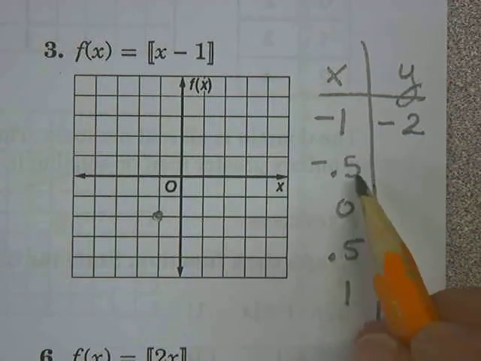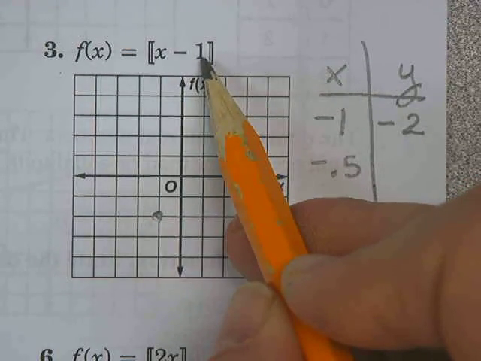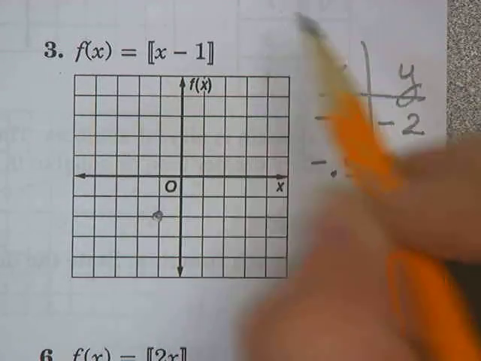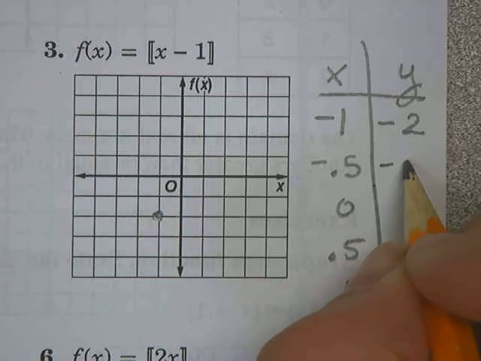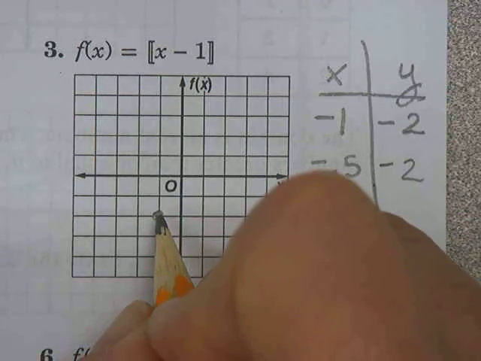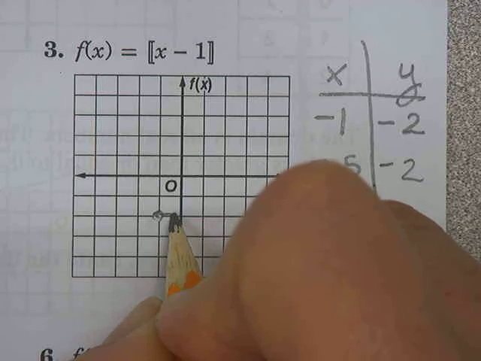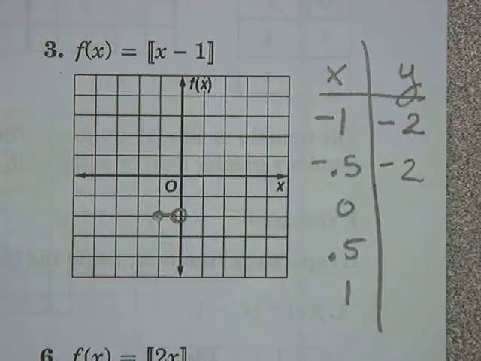Okay, so now we have to see what it's going to do here. So -0.5 minus 1 is -1.5. But the greatest integer less than or equal to -1.5 is -2. So it's going to continue like this, and an open circle there.